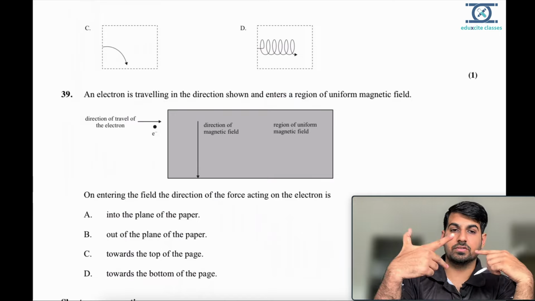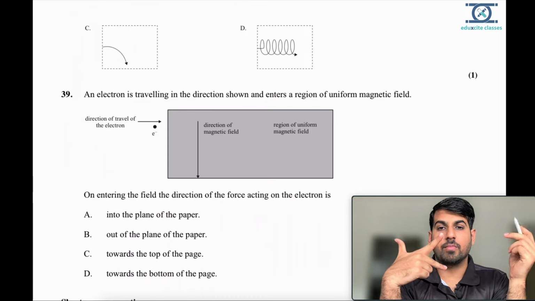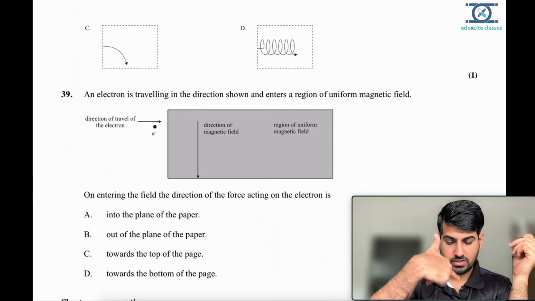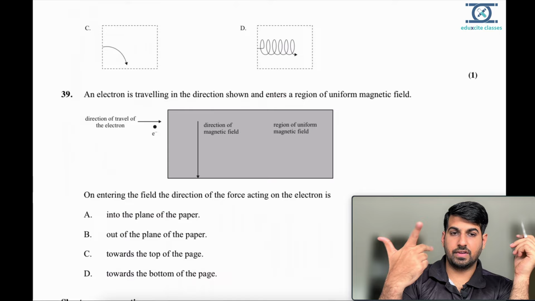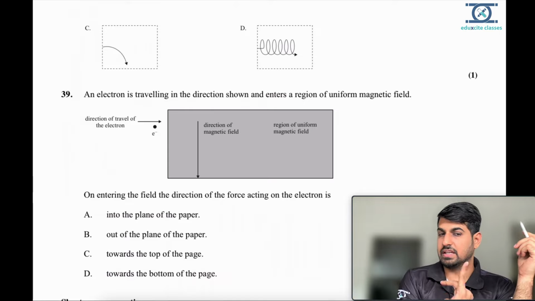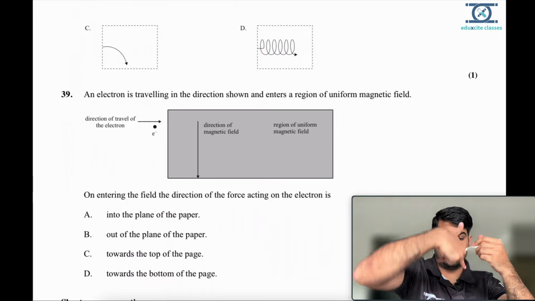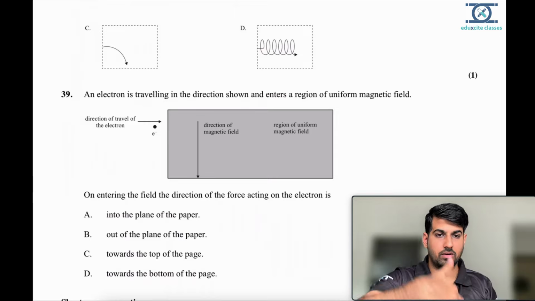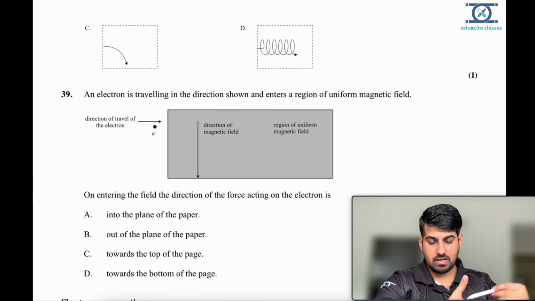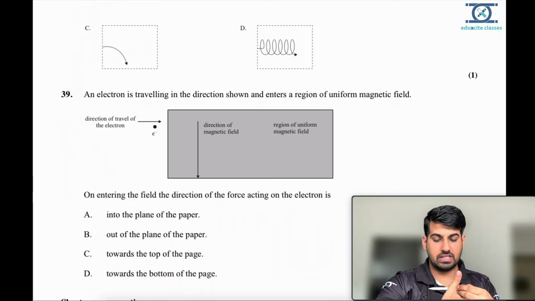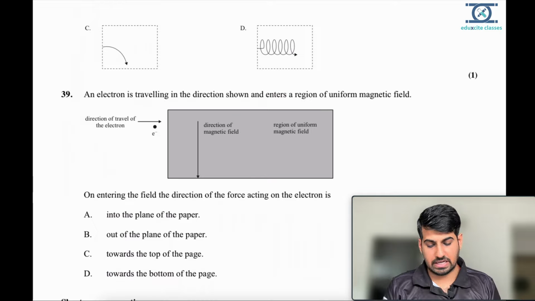So using Fleming's left hand rule again, the direction of the magnetic field is downward. Magnetic field is like this. If you draw it on a piece of paper, it is like this. Direction of positive charge is like this. So the thumb is moving in the upward direction, so it will be out of the plane of the paper.